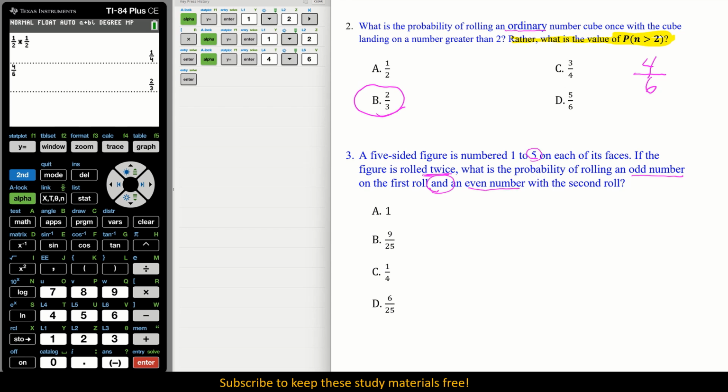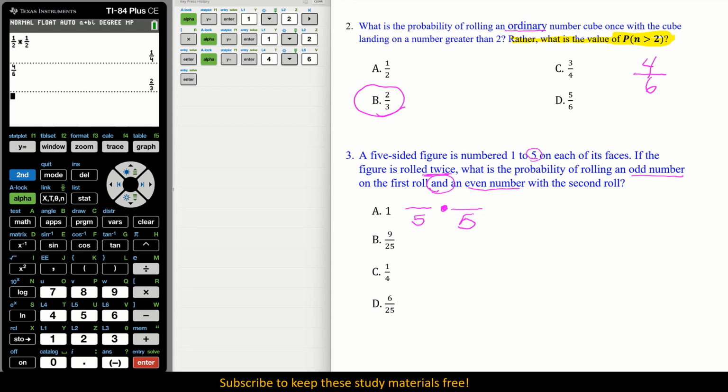Well, the word and implies multiplication, and on the first attempt, I will have 5. It's a five-sided figure, which means that when we roll again, our total outcomes don't change, so it's out of 5 again.